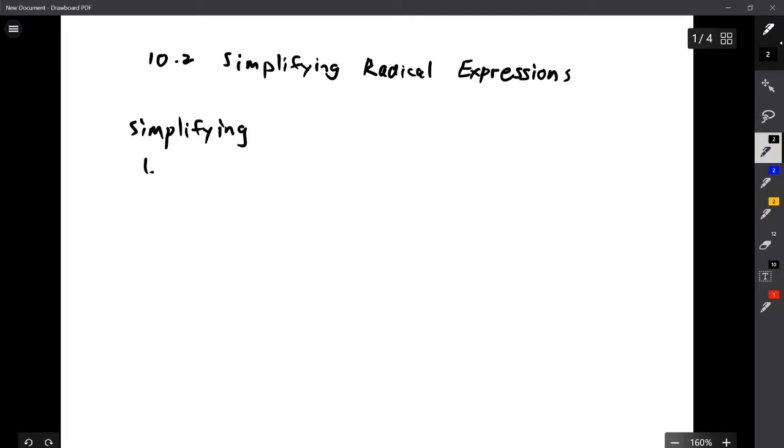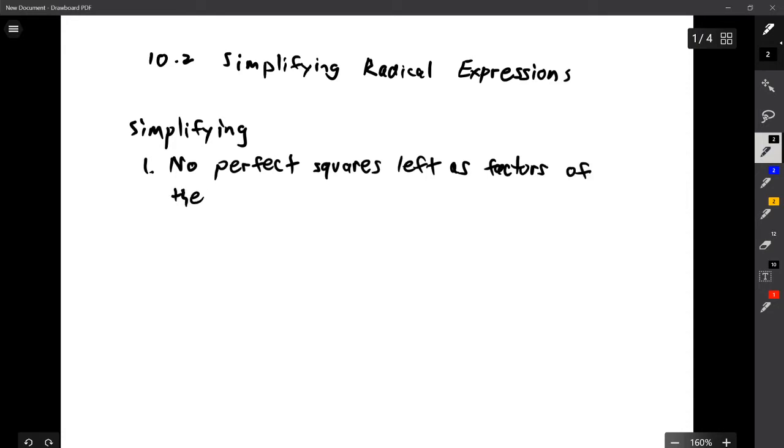Rule number one, no perfect squares left as factors of the radicand. And the radicand, again, is what is inside of the square root. So I'll say what's inside the root.